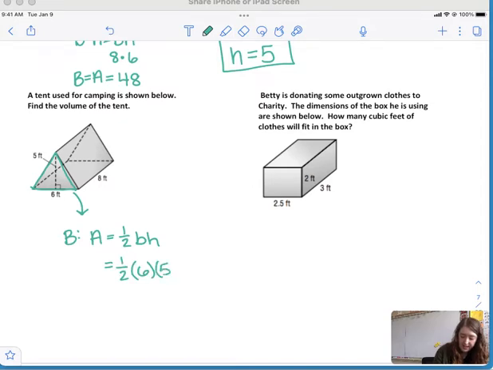The height of that base is 5. So we'll get 15 for the area of that base. The distance between those two triangles is going to be my height, so that's 8. Volume is going to be area of the base times the height. So we'll take 15 times 8. And 15 times 8 is 120.